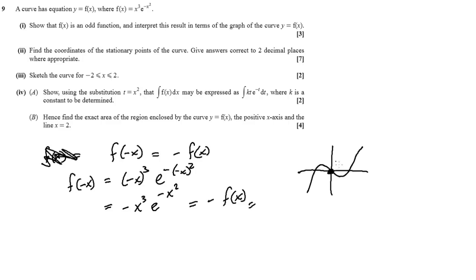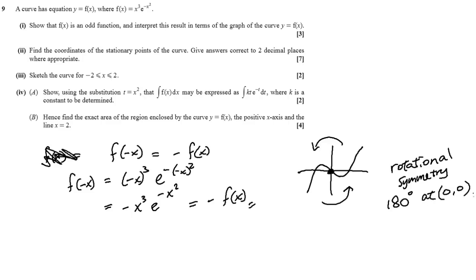You can take a rotational symmetry of 180 degrees and you'll get the same curve. So write that down as rotational symmetry 180 degrees at 0, 0. That would give you all the marks you need for part 1.